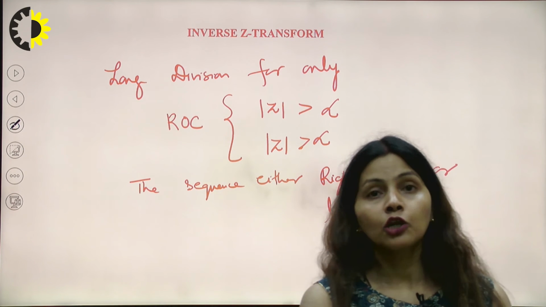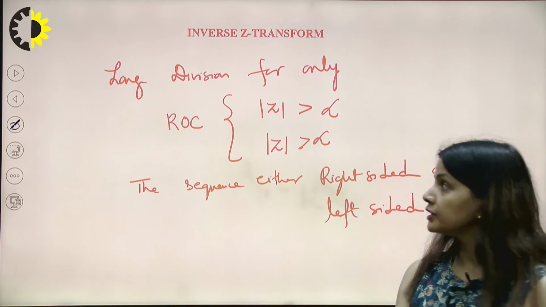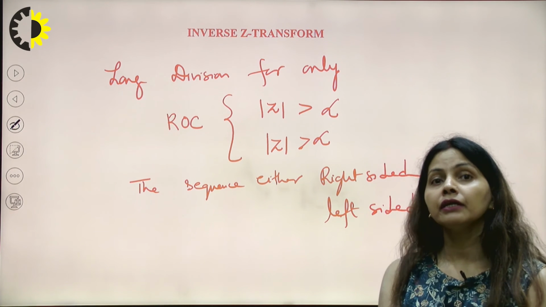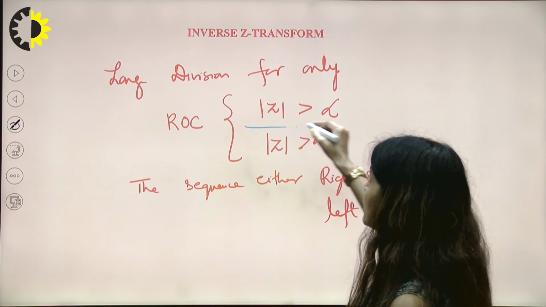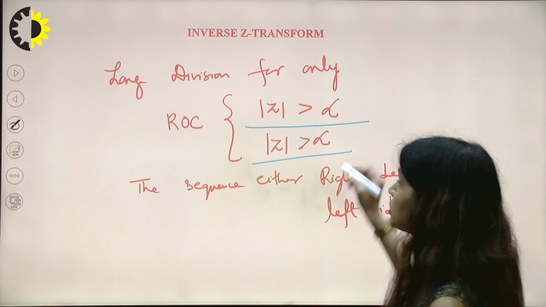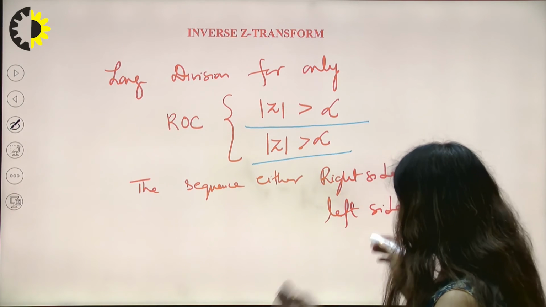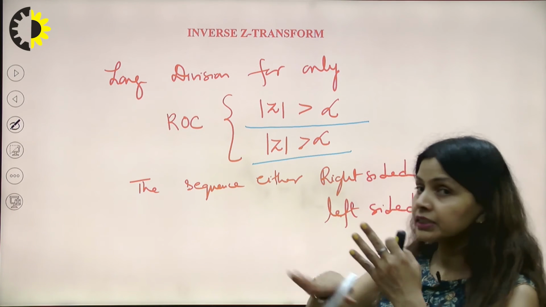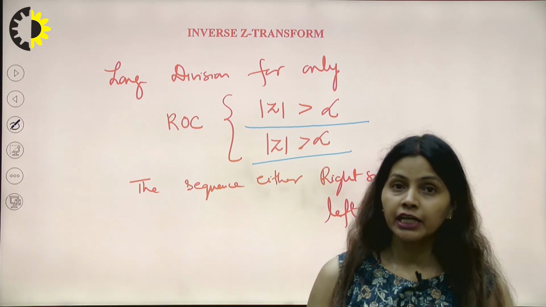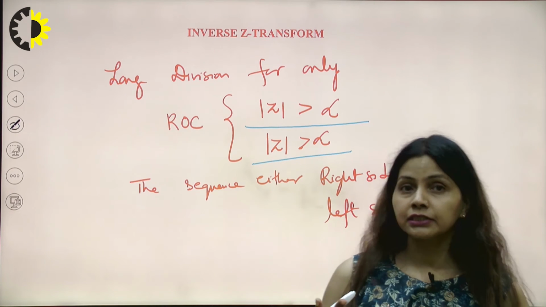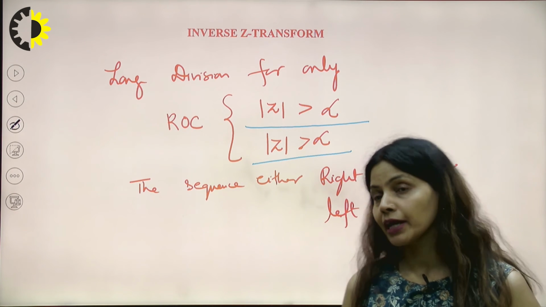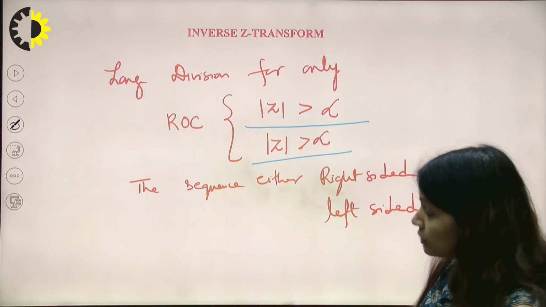But the drawback of this long division method is that it can be used only when the ROC is defined in this form or in this form. This is a very important point, because when the sequence is right-sided, then we can apply the long division method, or if the sequence is left-sided, we can apply this for the sequence.